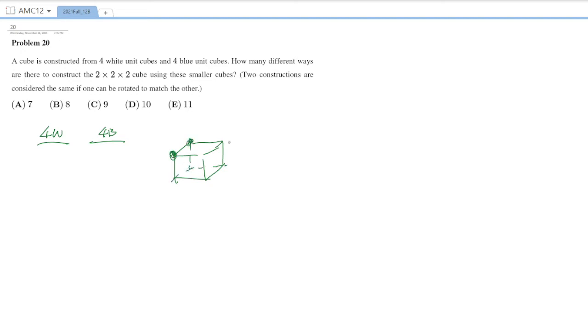Each point will be a cube, so there are 8 cubes, 4 white and 4 blue, constructed as a 2 times 2 times 2 cube using the smaller cubes. The two constructions are considered the same if they can be rotated. Whenever they can be rotated, there is a rotation symmetry.